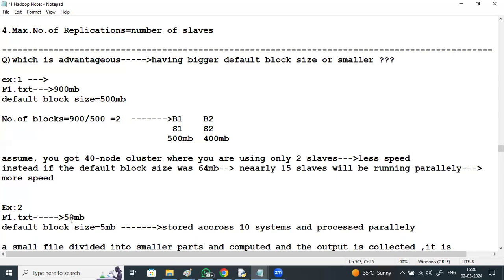Example 2: f1.txt of 50 MB, a very small file.